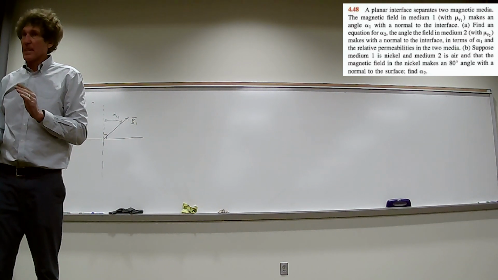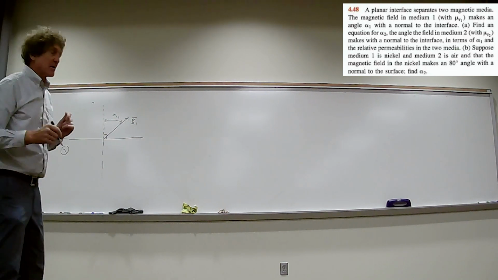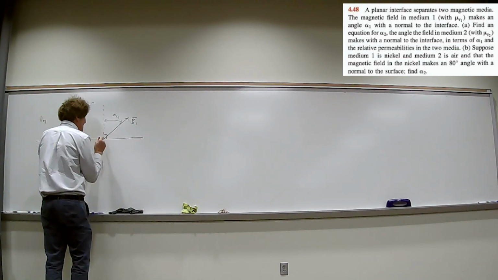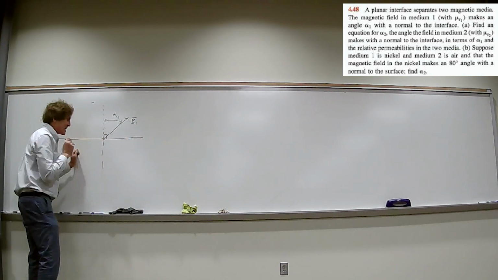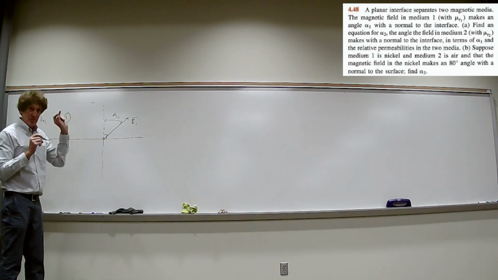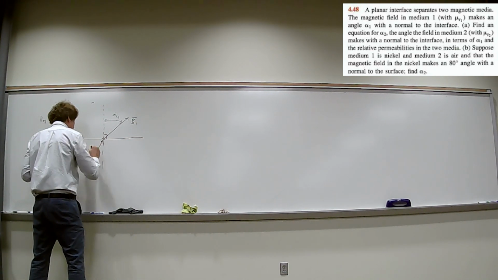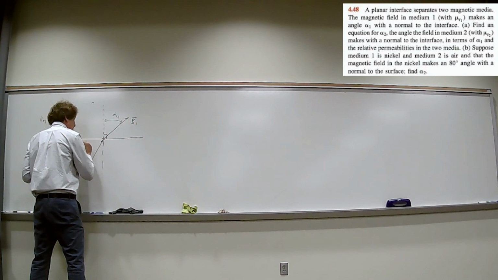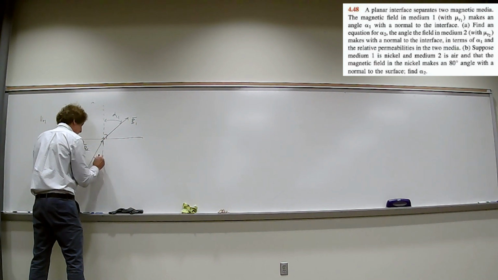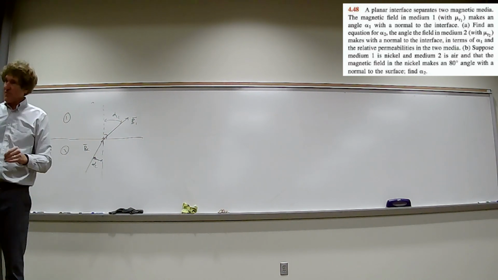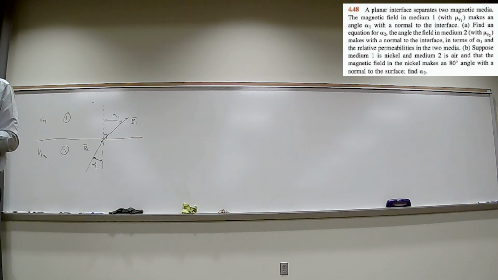You all follow me? Now down here, right below it, there's going to be a B field in region 2, just on the B1 side. And it makes an angle alpha 2 with the axis. Do you all follow me?